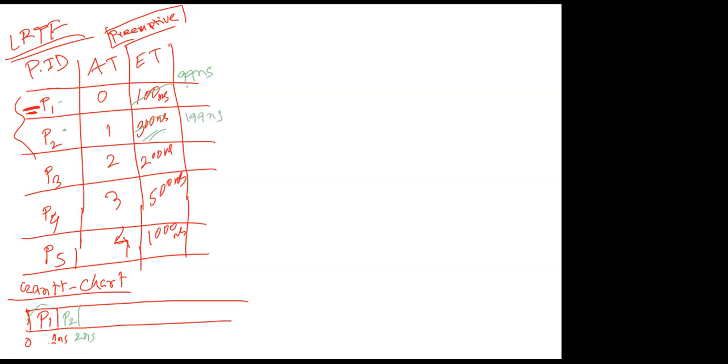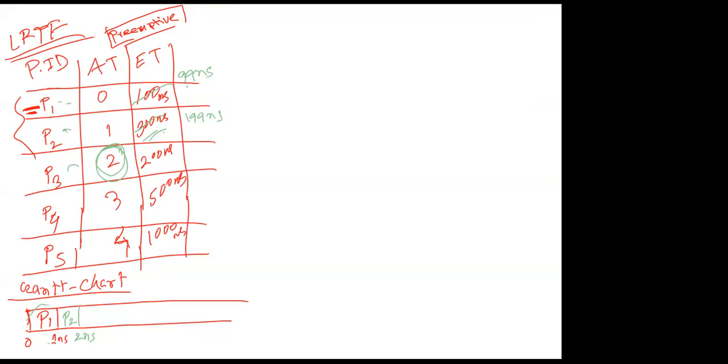Now let's see which process gets priority next. After 2 nanoseconds, processes P1, P2 and P3 are inside the RAM, because P3 arrives at 2 nanoseconds. Among these three processes, the operating system checks which needs the longest burst time.